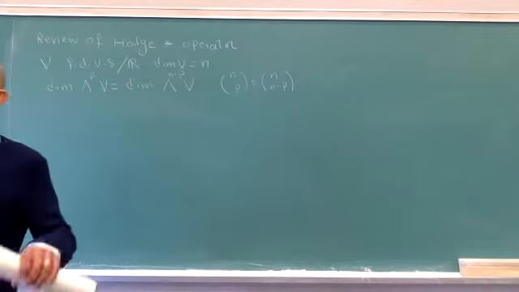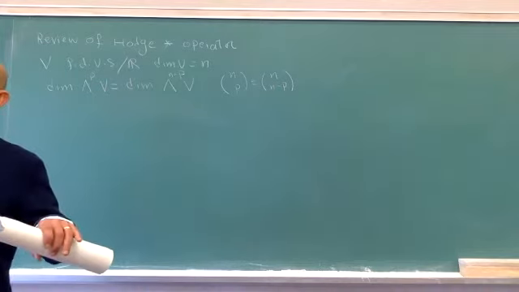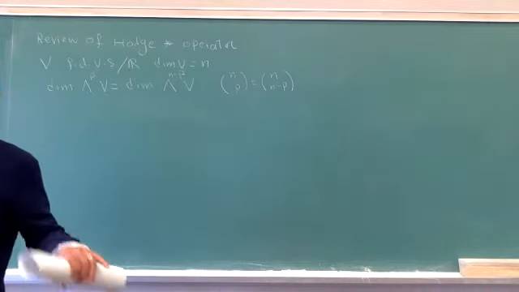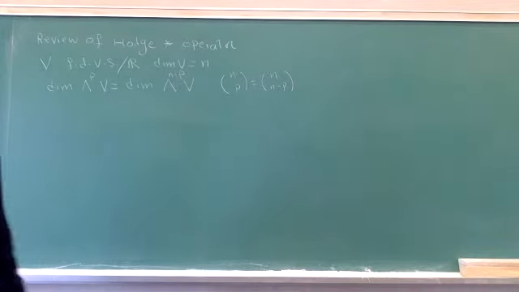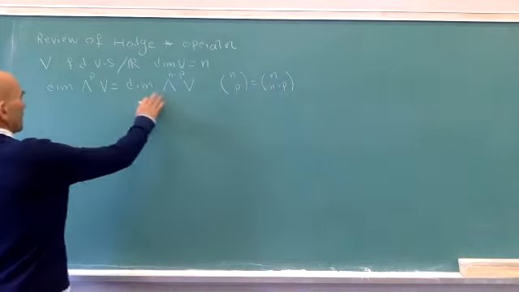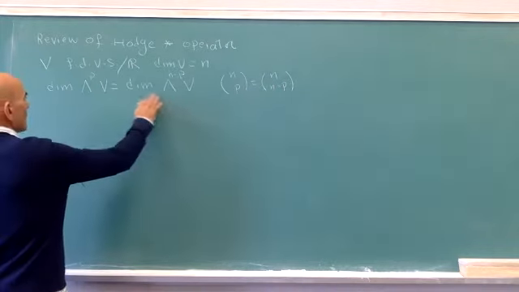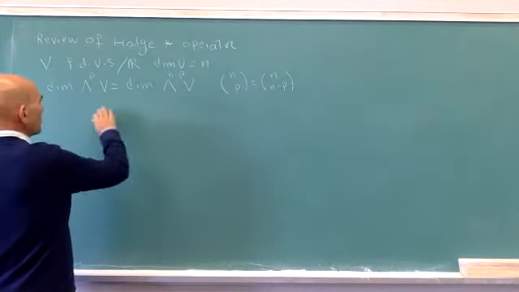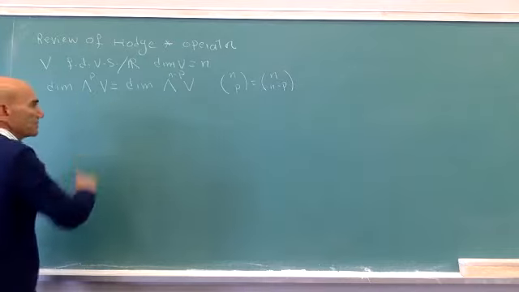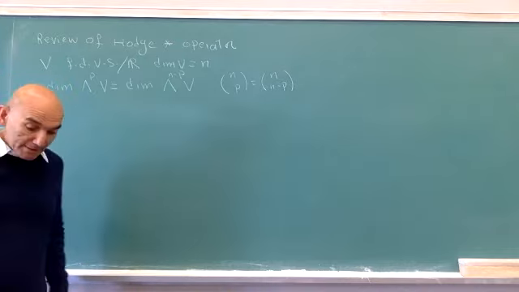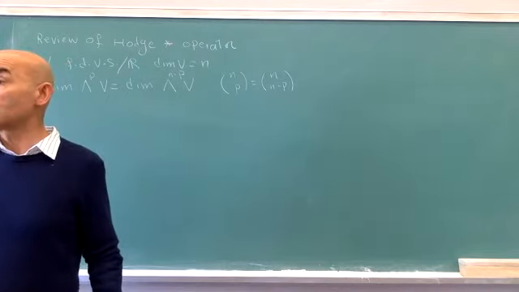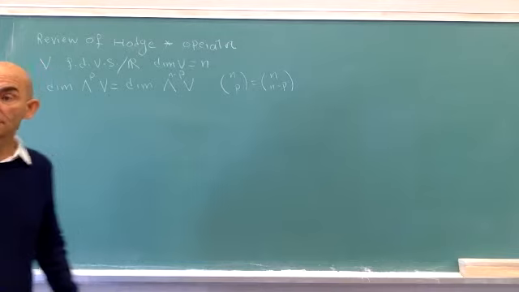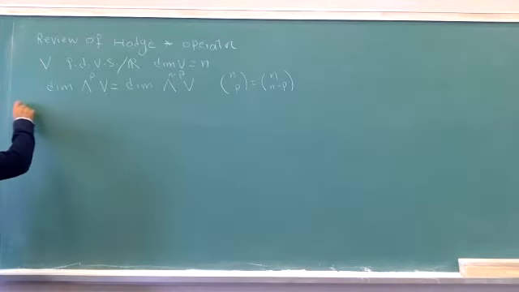So the duality in binomial coefficients gives us this equality of dimensions, but the point is that there is no natural map from wedge P to wedge n minus P. I don't know how to prove this, but I make the claim.